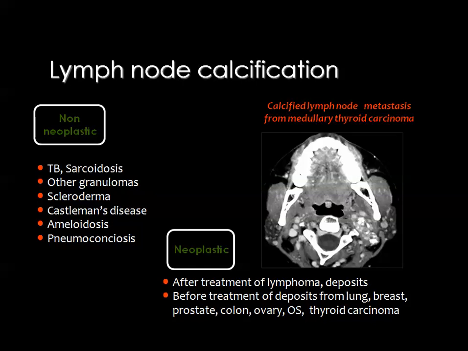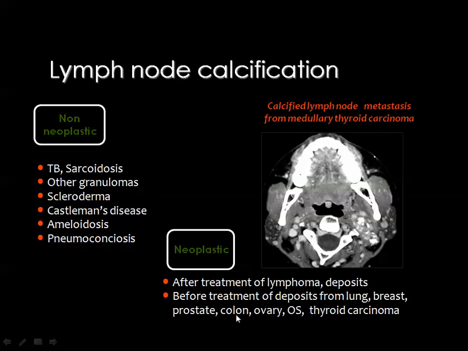neoplastic and non-neoplastic conditions. In cases of non-neoplastic conditions, TB and sarcoid are on the top of the list. Other granulomas, scleroderma, Castleman disease, amyloid, and pneumoconiosis. On the neoplastic side, you have lymphoma and metastasis after treatment, and deposits coming from the lung or the breast or the colon, especially the mucinous type.